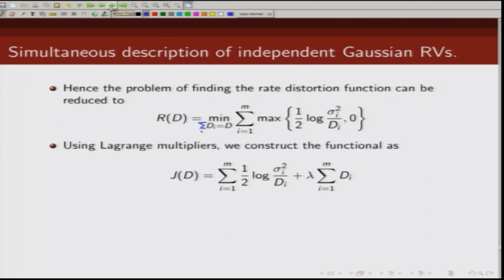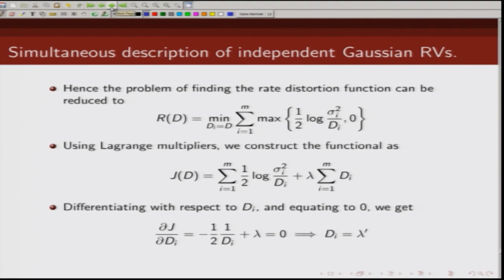Now using a Lagrange multiplier, this is our objective function and this is our constraint, that the summation of di from i equal to 1 to m cannot exceed d.